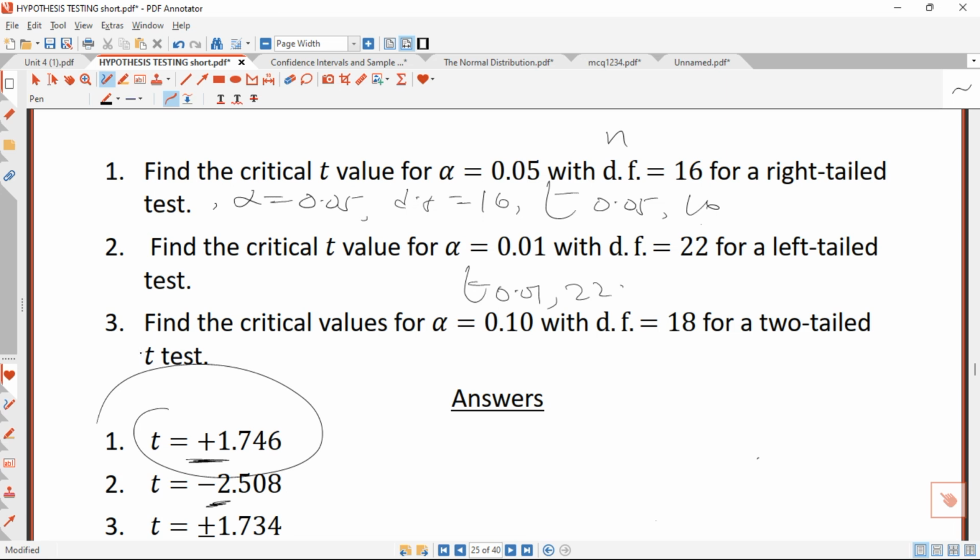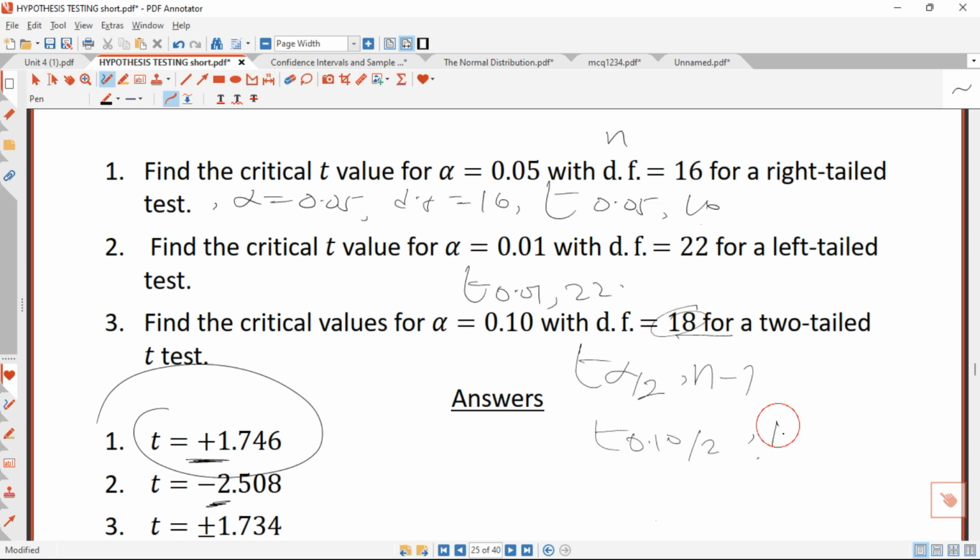And then for question 3, we are just saying find the critical values for alpha equal to 0.10 with a degrees of freedom of 18 for a two-tail test. So this is a two-tail test. So for this, we are going to have t subscript alpha divided by 2 comma n minus 1, right? So t subscript alpha was given as 0.10 divided by 2 comma n minus 1, and the n minus 1 is already calculated.